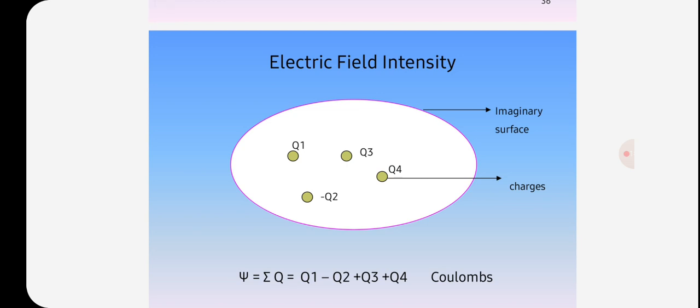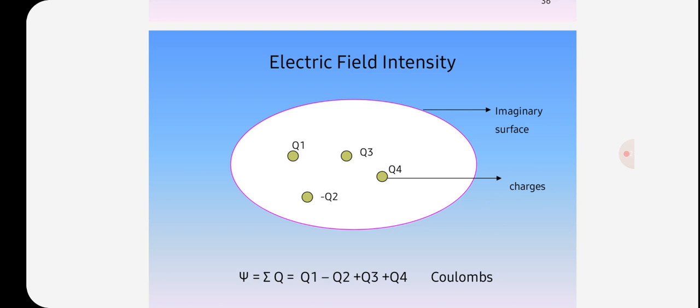So this is the diagram for Gauss theorem. Here in this medium, Q1, minus Q2, Q3, Q4 are the charges, with an imaginary surface, positively and negatively charged. Here total electric flux psi is equal to sigma i is equal to 1 to n Qi.